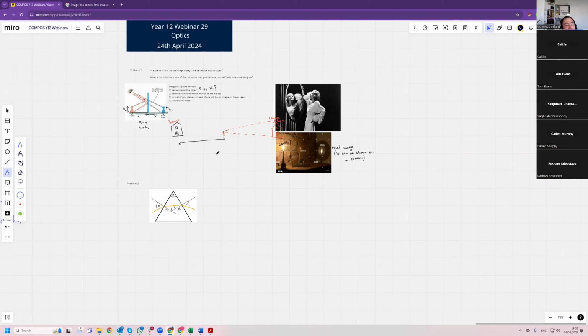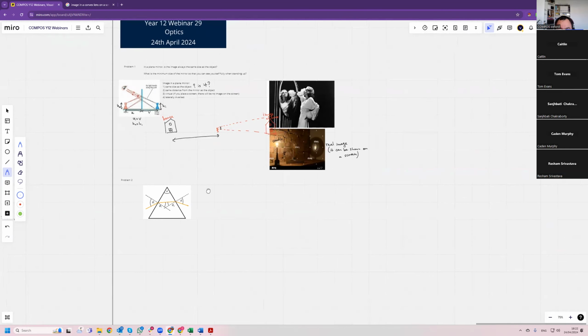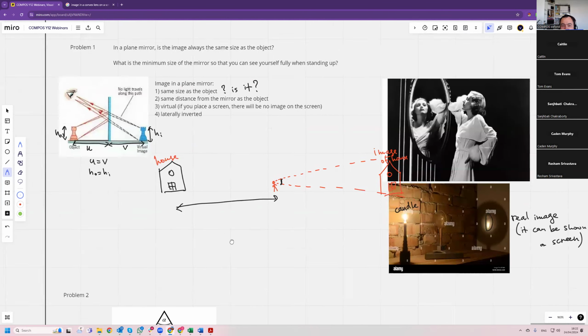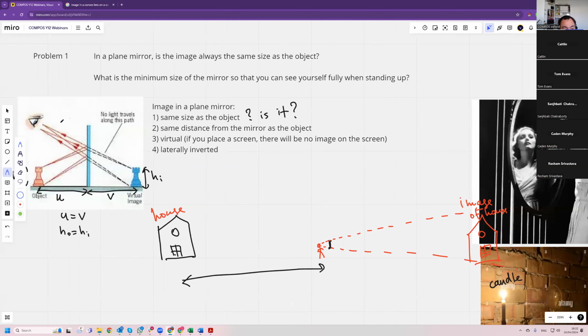For concave lenses, it's going to be a minus, but that's not important. Does that make sense? That it is the same size. It is the same size. It's just because it's far away that it looks small.